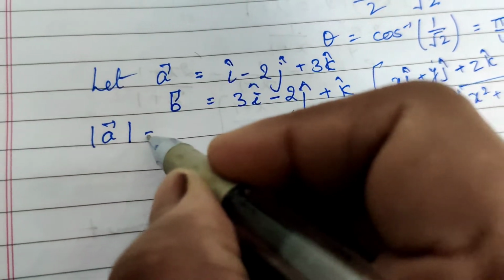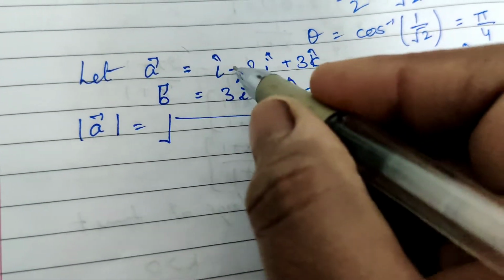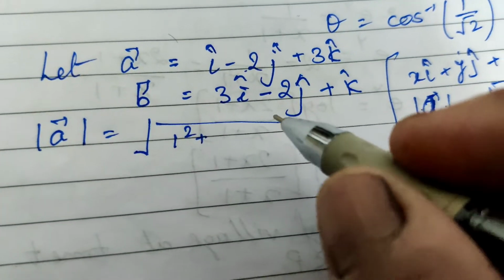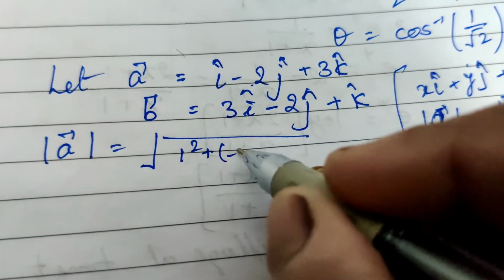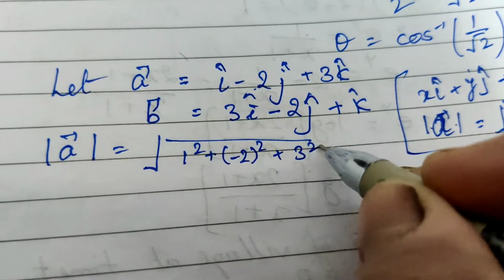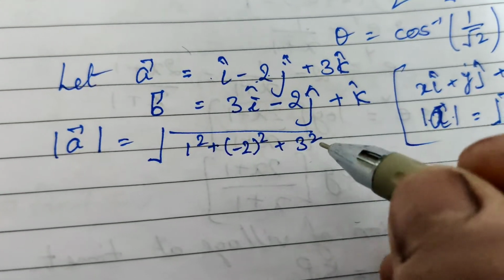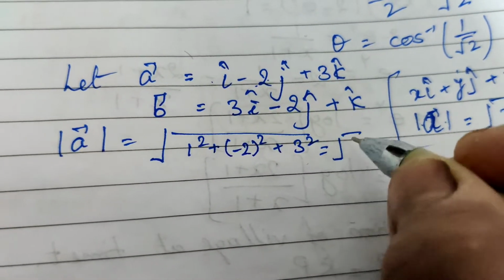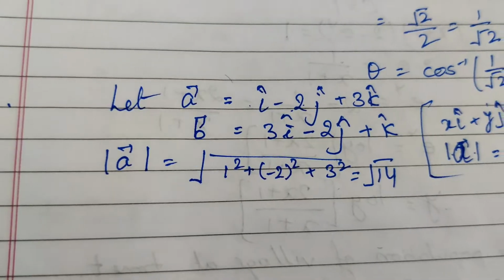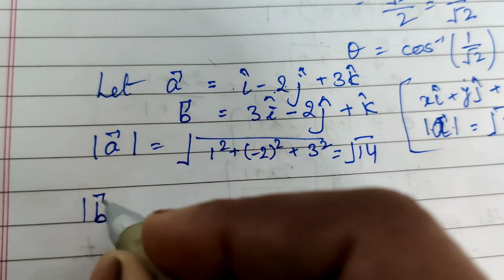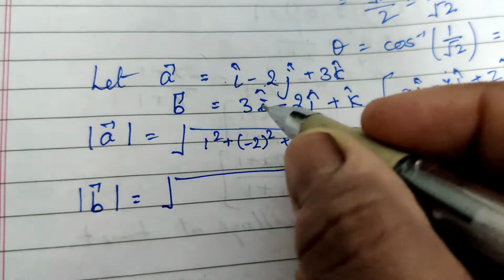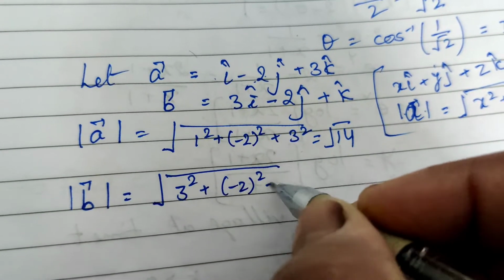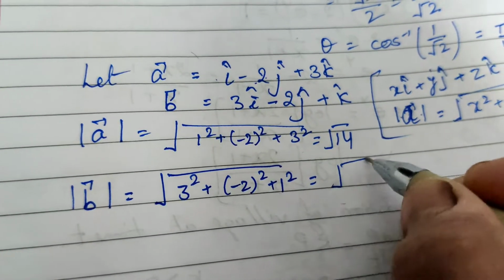To find the magnitude of A, under root 1 square, minus 2 square, plus 3 square, that is x square plus y square plus z square. 1 plus 4 plus 9 is 14, so root 14. Magnitude of B vector is under root 3 square plus minus 2 whole square plus 1 square. It is also equal to root 14.